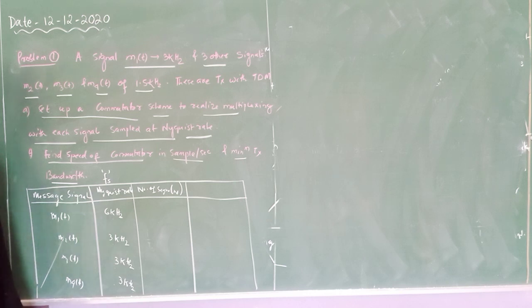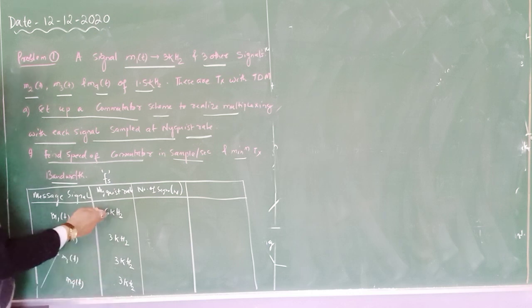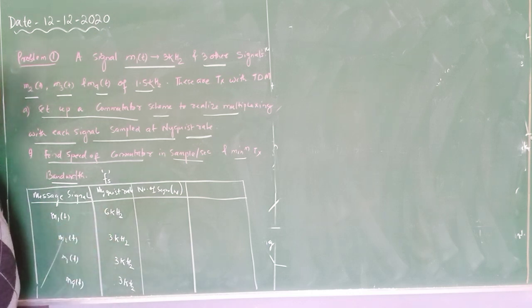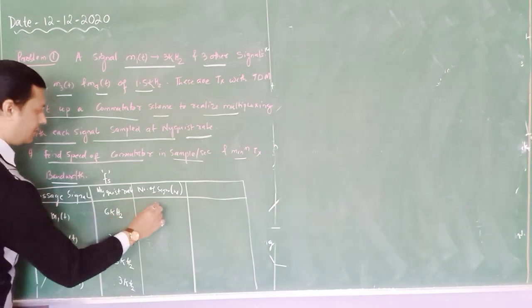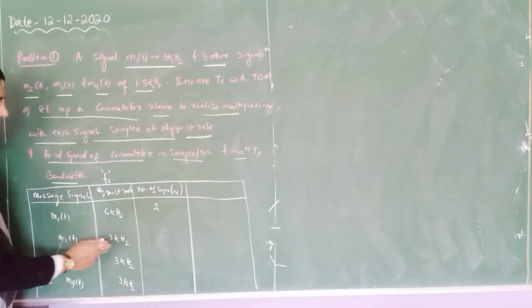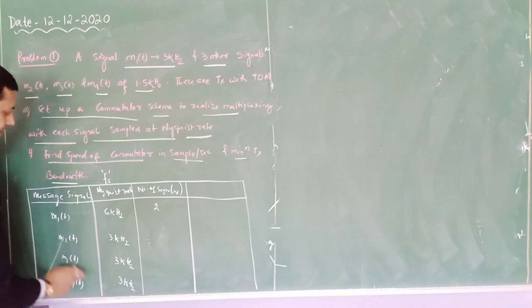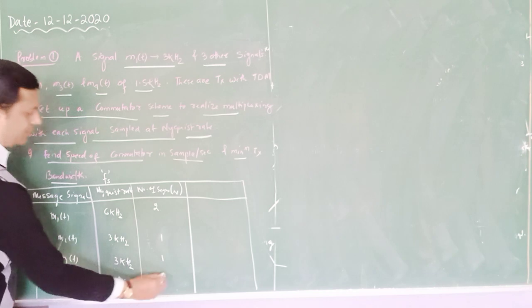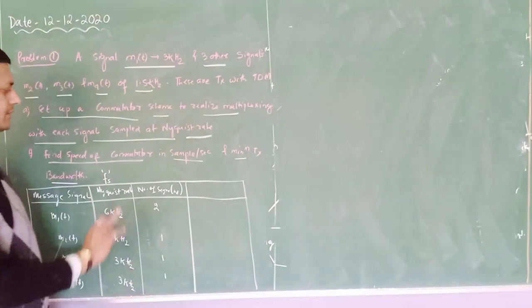Divide those two, and you will get the number of segments. So for this, 6 divided by 3 means we require 2 segments for the 6 kHz message component. And for message signals M2, M3, M4, the number of segments is 1 and 1.